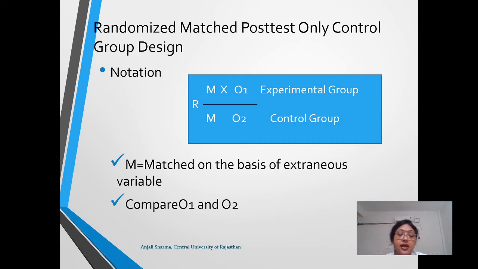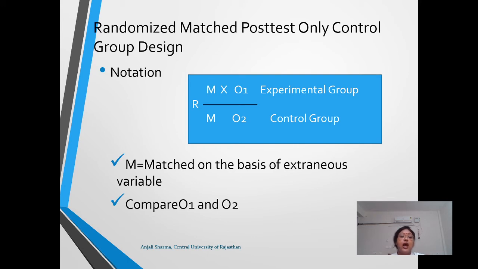Let me take an example. If you want to study a teaching intervention, you will frame the experimental group and the control group on the basis of random assignment, but both groups should be matched on the basis of the extraneous variable. If you see that intelligence is a factor that will affect your intervention, then you can control that.